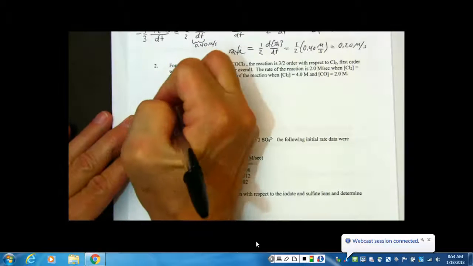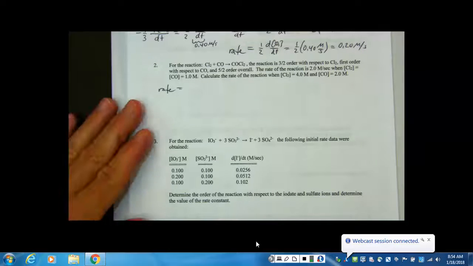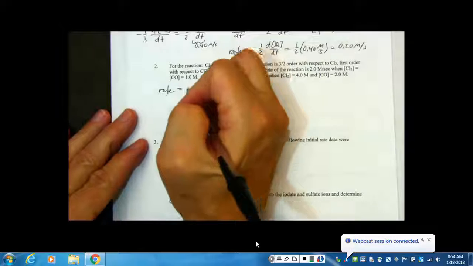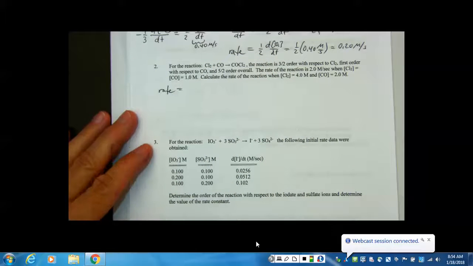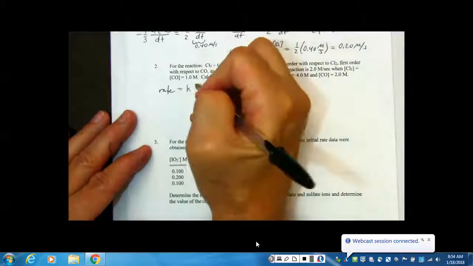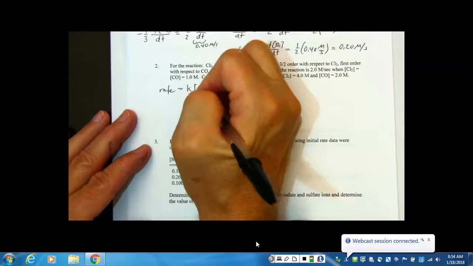All right, how would I write the rate law for this chemical reaction right here? Well, actually, we're given what the orders are, so what would I start with? The rate law is equal to k. Well, the reactant is chlorine.